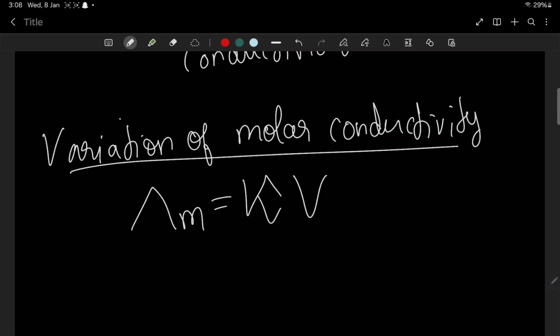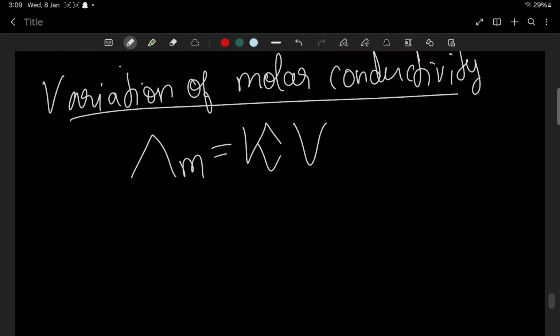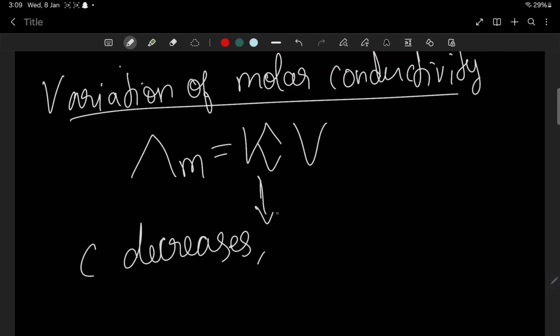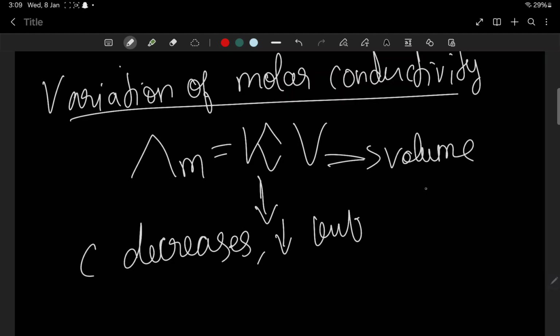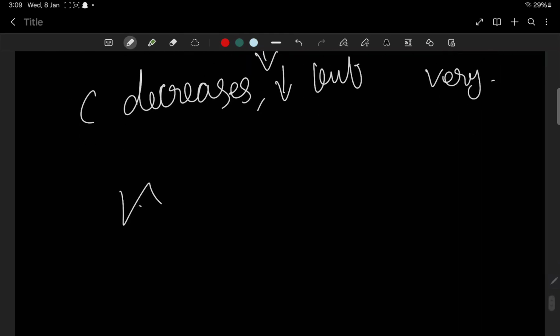The thing is that when concentration C decreases, kappa decreases. But volume increases. Volume of the solvent increases to a high level.